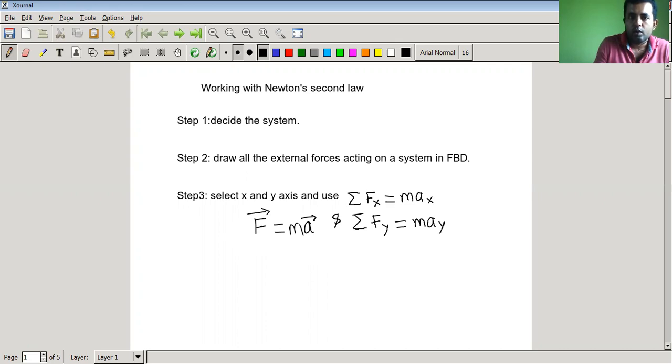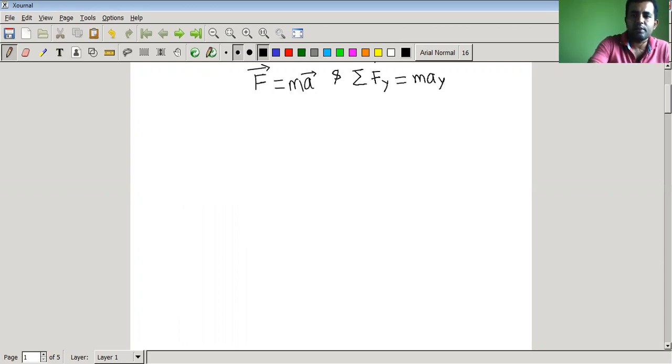Now if we resolve this in two dimensions, then along the x-axis we can write this equation, and along the y-axis we can write this. So one vector equation in two dimensions will be equivalent to these two expressions. Now we'll talk about it.